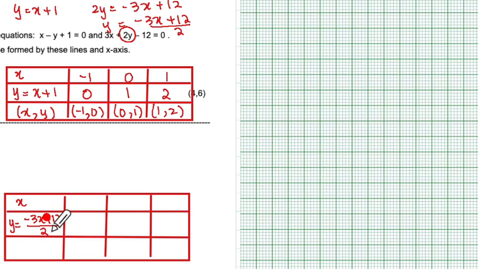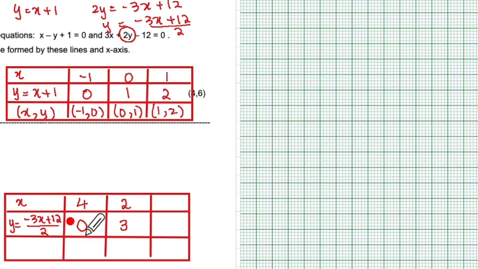If I take x as a positive number, so if I take x as 2, x as 4. Okay, let us take x as 4. So you will have minus 12 plus 12, so it will be 0 upon 2, which means 0, correct? If we take x equal to 2, this will be minus 6 plus 12, that is 6 upon 2, so this will be 3, correct?